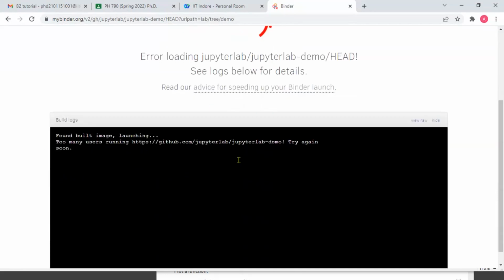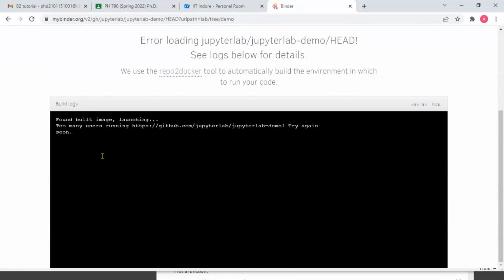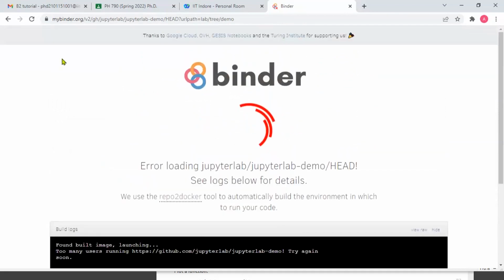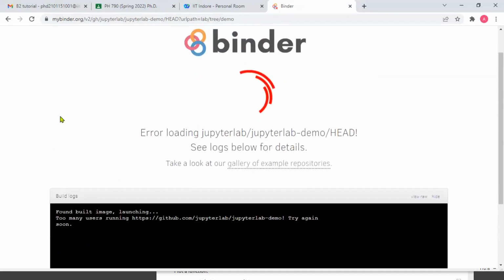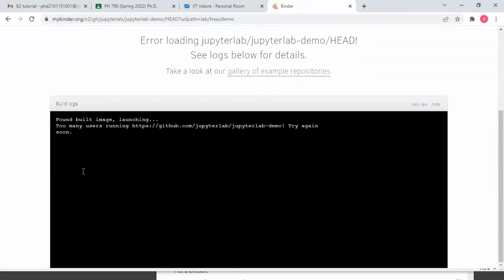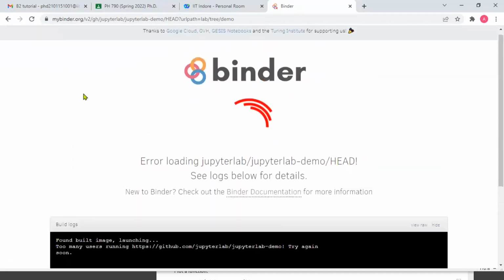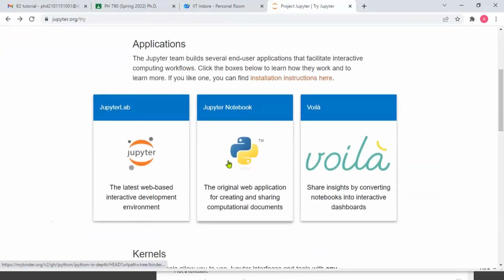Please try again soon. I guess there are too many users, so it takes a time. Just refresh it. Or you can just use the second, the Jupyter notebook. Go back. Second, yes.